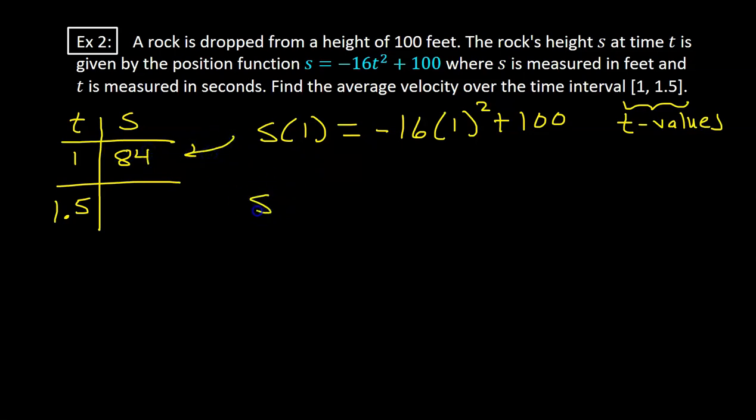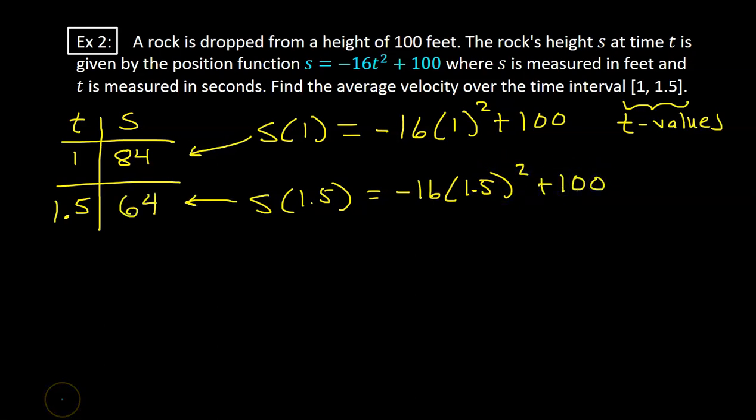Okay, now what about the position at 1.5 seconds? So we're talking about negative 16 times 1.5 squared plus 100. Pop that in your calculator and you get 64.